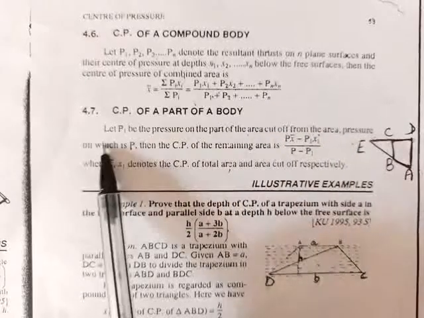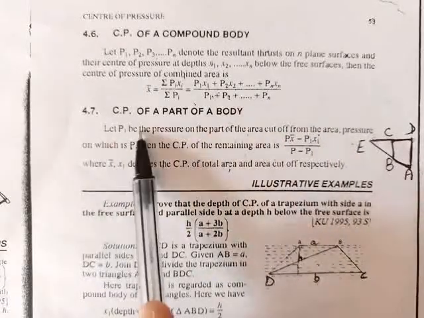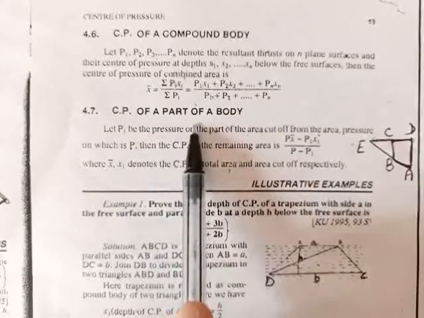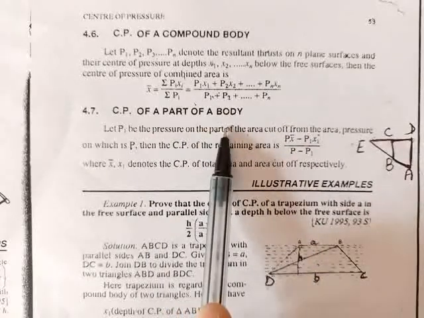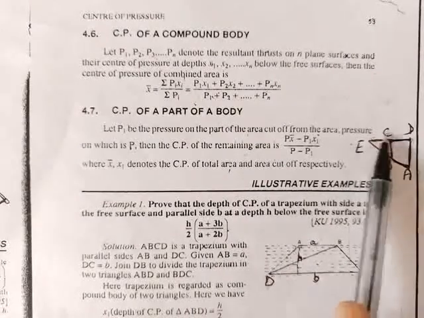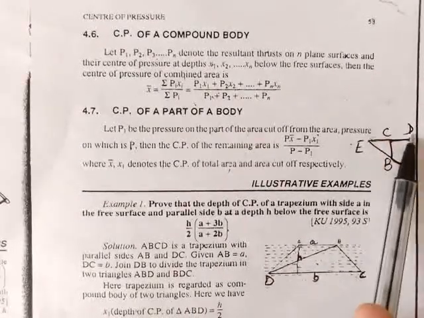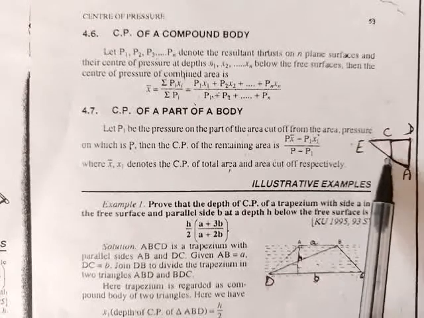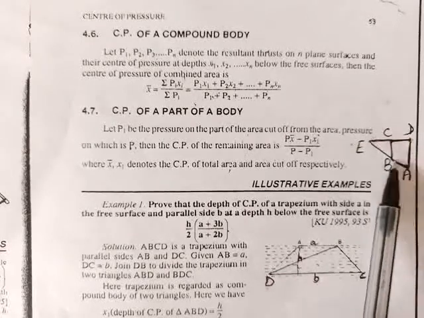And in the next formula, we have the center of pressure of a particular part of a body. If we have a body, for example, this body ADE, and this is its particular part, we are to find the center of pressure of this part.